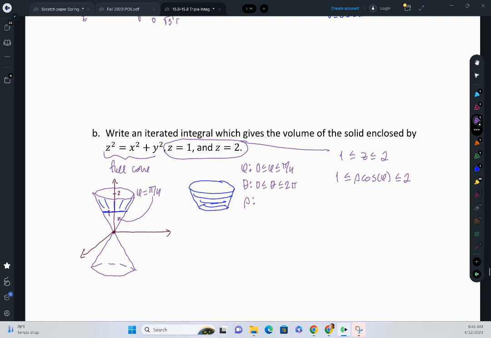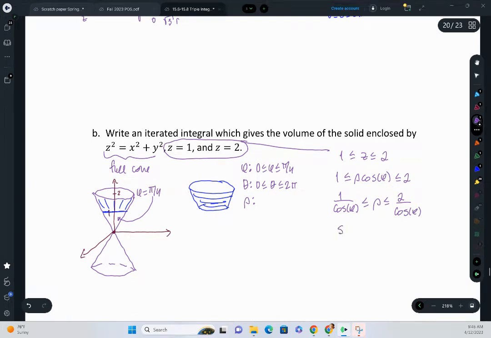So I could go ahead and isolate rho, and I get 1 over cosine of phi is less than or equal to rho is less than or equal to 2 over cosine of phi. And so that means rho is trapped somewhere between secant of phi and 2 secant of phi. Those are our bounds.